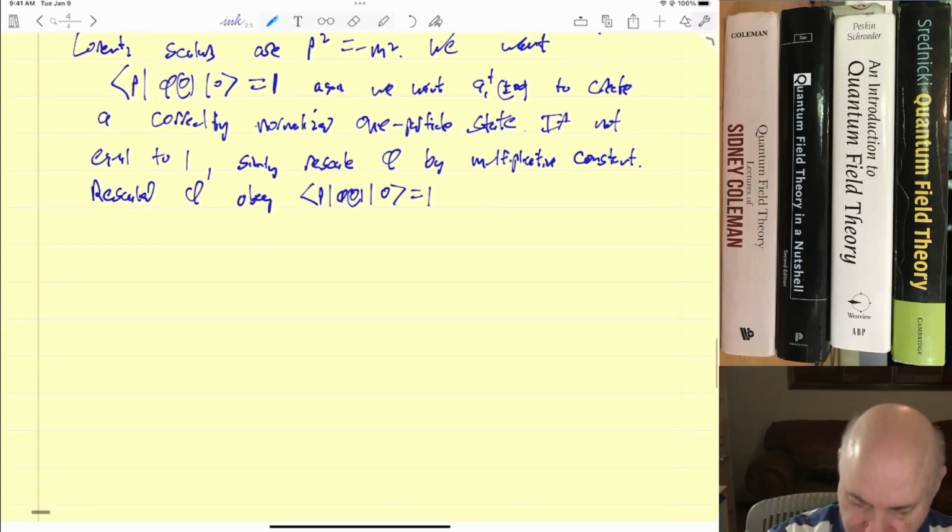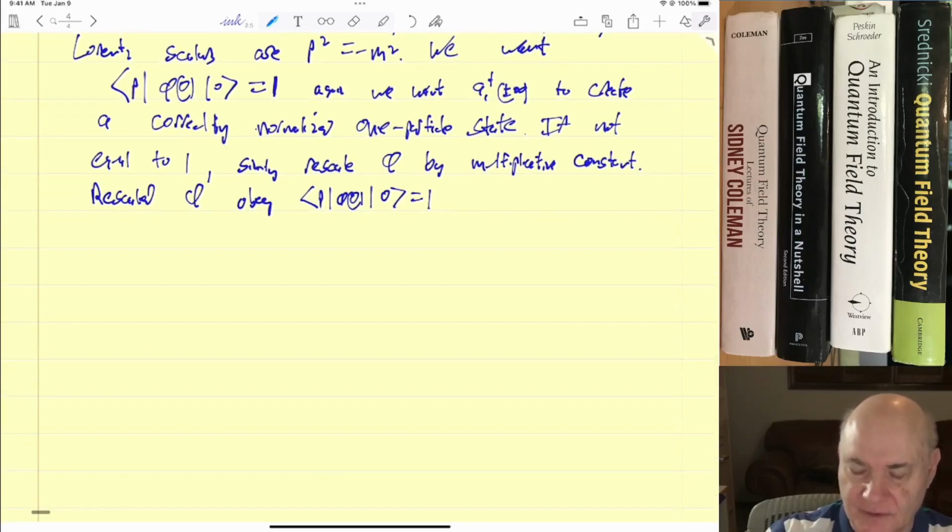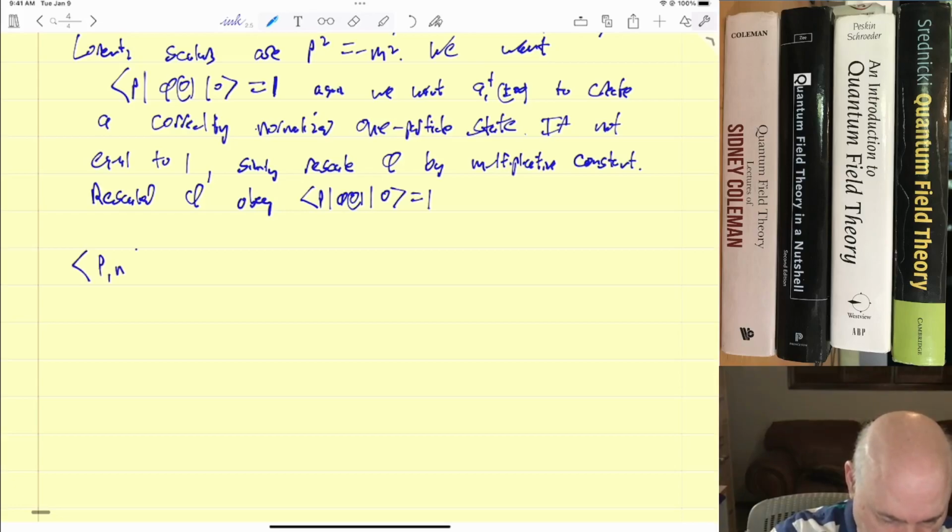You might have heard about multiplicative and additive renormalizations. That's what we're sort of doing right now. Now when we get to the multi-particle state matrix element, it's denoted in a general way as having a total momentum of p, and n is all the other things about relative momentum and number of particles and everything.